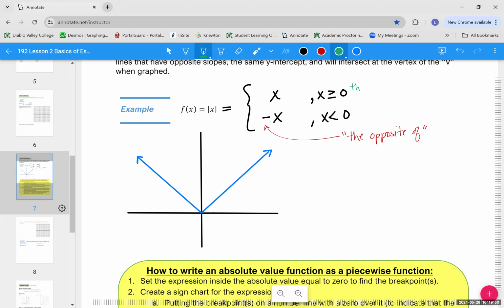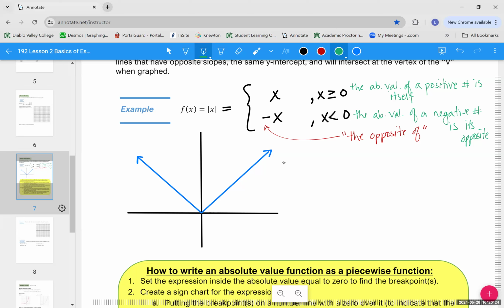This is saying that the absolute value, which I'm going to shorthand to abval, of a positive number is itself. And the absolute value of a negative number is its opposite. Trying to put some meaning behind those equations that we're using.